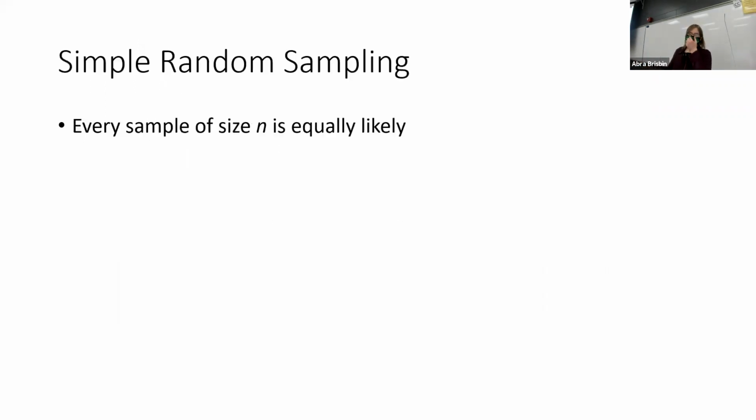A better approach to taking a sample is simple random sampling. This is when you take a sample such that every sample of size n, whatever sample size you chose, is equally likely to happen.